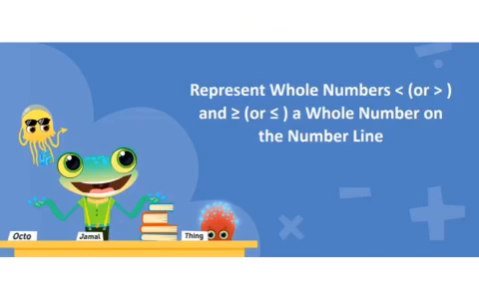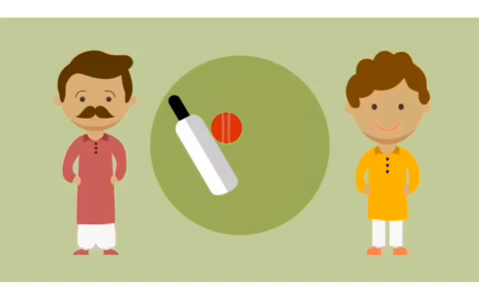Here we go. Today, guys, we're going to look at how we represent whole numbers on a number line. Now I'm going to give you a simple scenario of two persons playing a game of cricket.